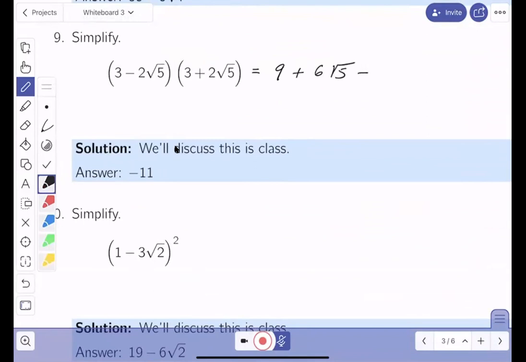Then it's going to be minus 6 root 5, because minus 2 times 3 is minus 6. And then I get minus 4, because minus 2 times 2 is minus 4, root 25, because 5 times 5 is 25. Let me see if I can do this. This is 9. This is nice. They disappear. These are what's known as conjugates.